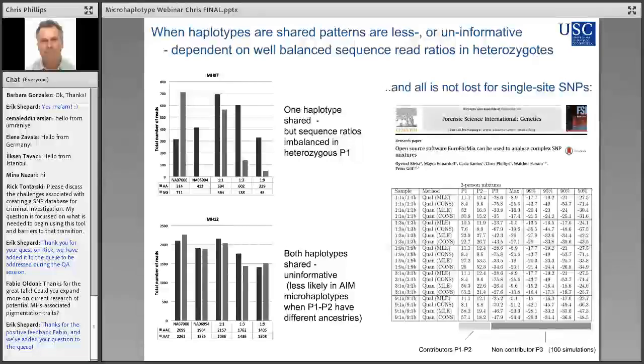Furthermore, we can look qualitatively, at the presence and absence of alleles, or we can go further and look at, to some extent, quantitative analysis, the ratios that we see between the read densities for each of the alleles. So these are binary systems, these are less informative than microhaplotypes. It's still possible with a large number of markers to say something concrete in simple mixtures.